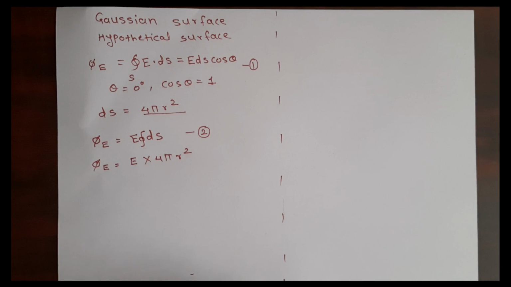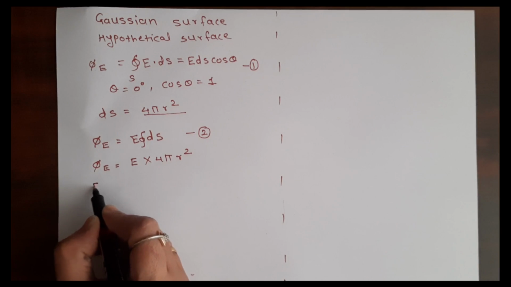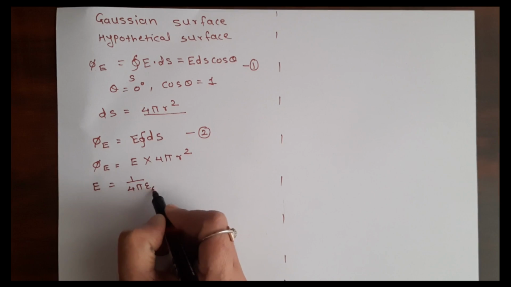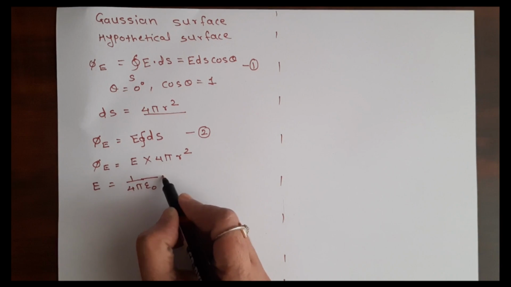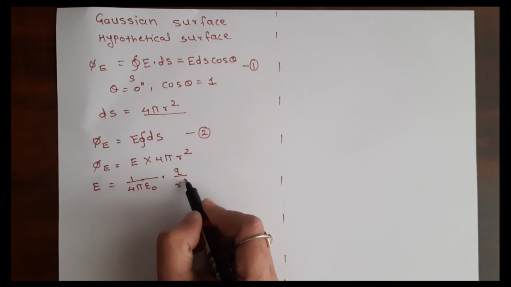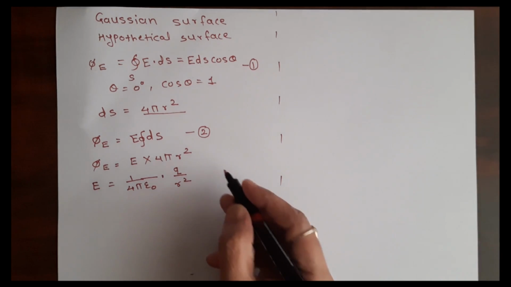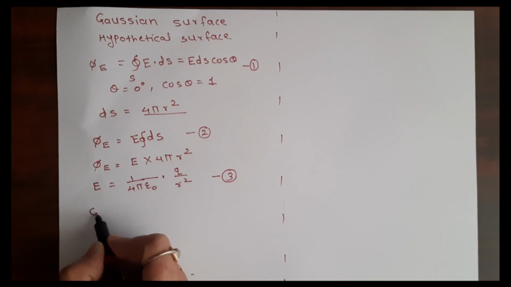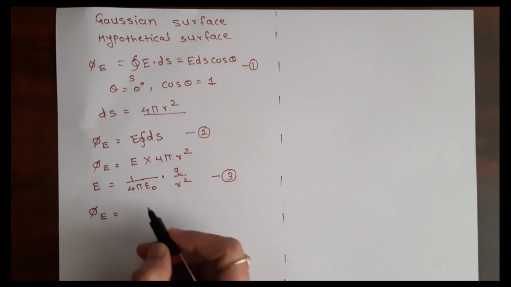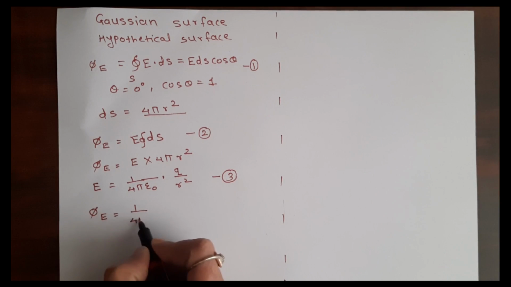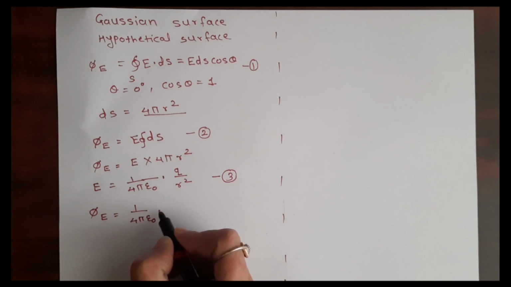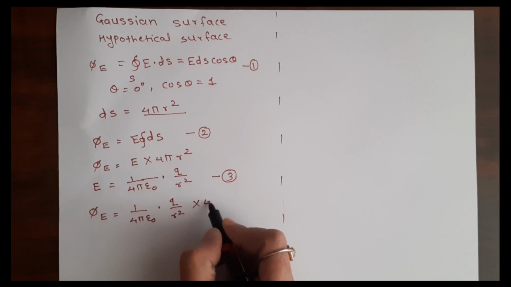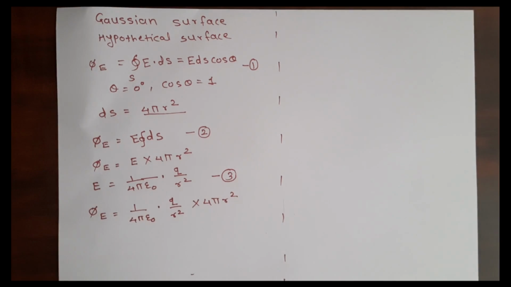But by the definition of electric field intensity, it is given by 1 upon 4 pi epsilon naught, that is the permittivity, into q upon r square. By putting value of E into our equation, we get electric flux is equal to 1 upon 4 pi epsilon naught into q upon r square into 4 pi r square.